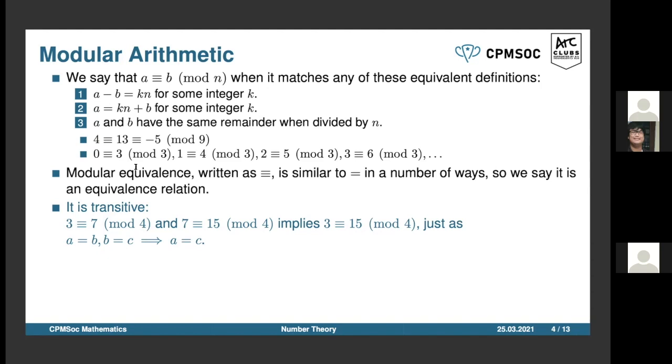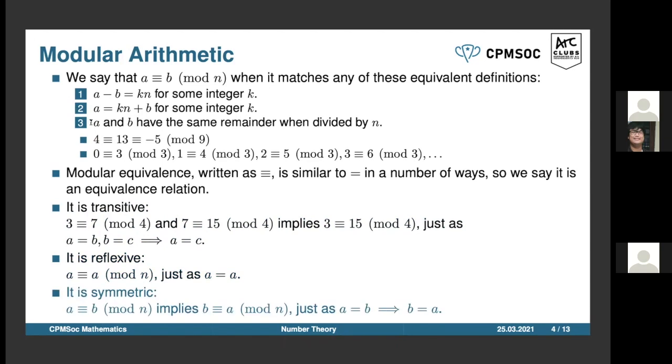And that's just the same as what you'd see with regular equality. Another thing is it's reflexive, which means every number is modulo equivalent to itself in any modulus. And the final important property is that it's symmetric.